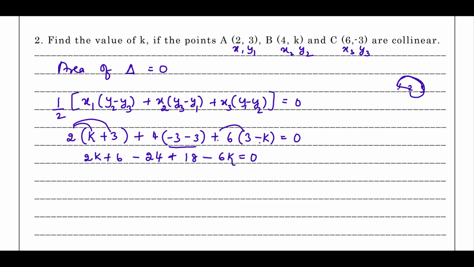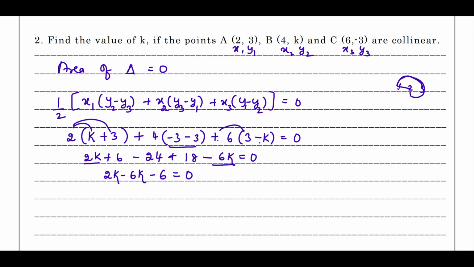Be careful when you are multiplying a monomial and binomial, or binomial and binomial. Now group the like terms, that is 2k and minus 6k. 2k minus 6k, minus 24 plus 18, what we get is minus 6 equals 0.